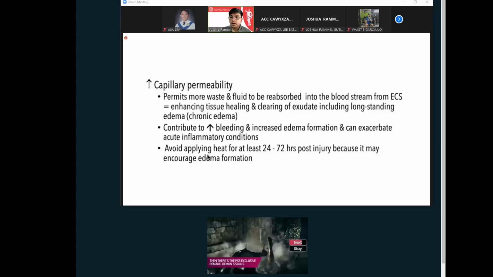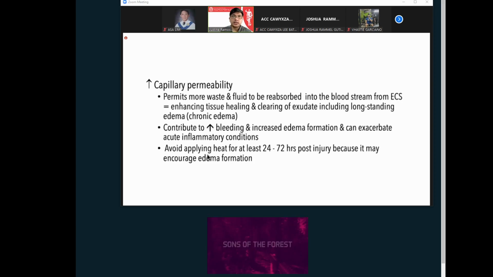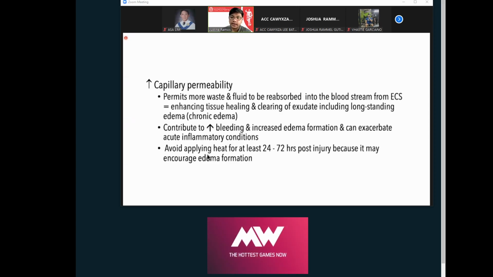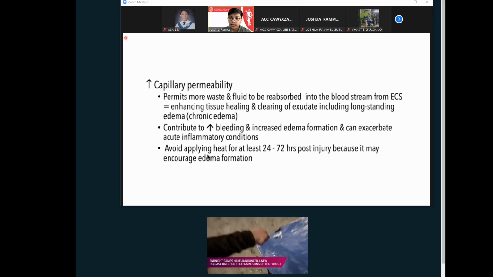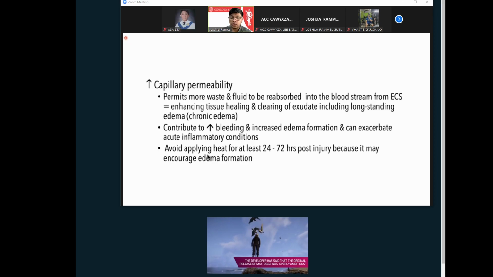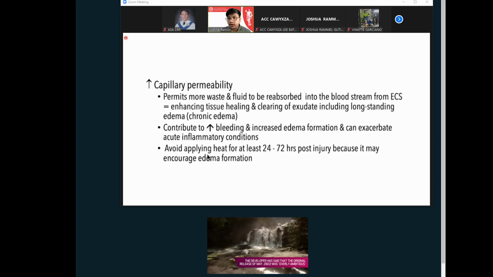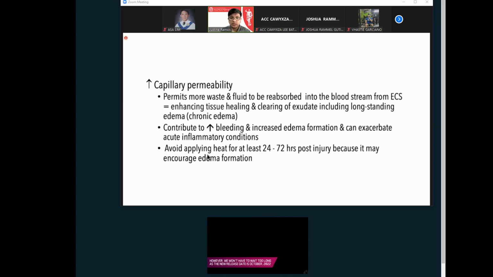Okay? But remember, this drainage or this waste cannot be drained out of the circulation unless otherwise the venous and lymphatic channels are open. Otherwise, kung hindi open itong mga channels na to or vessels na to, the water will retain along the area. Okay? Edema would still persist. Okay?